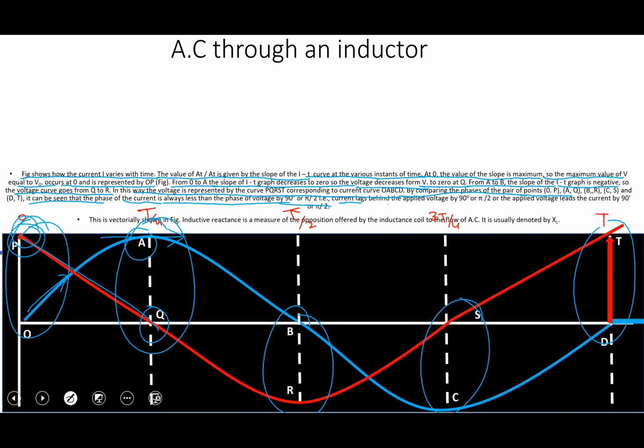The current lags behind the applied voltage by 90 degrees, or the applied voltage leads the current by 90 degrees, or pi by 2.